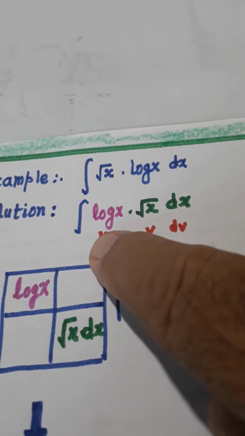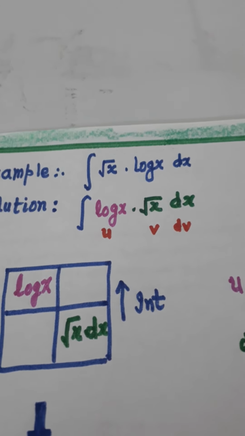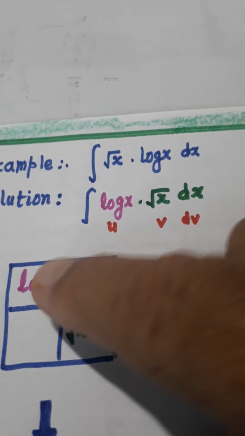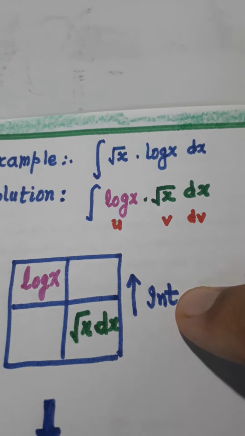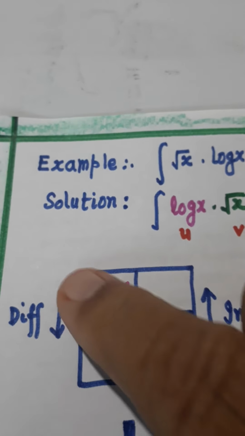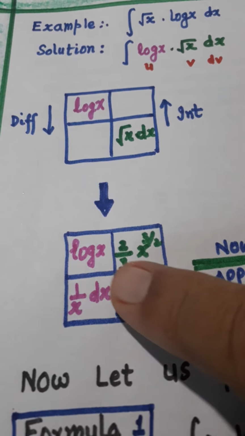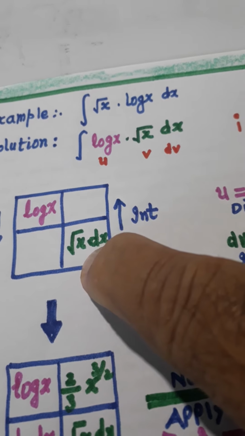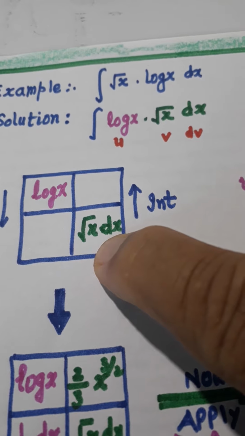Log x is u, this will be v dv. So write it diagonally: log x here, root x dx here. We will differentiate log x, it will become 1 over x, and we will integrate root x, that is x power 1 by 2.